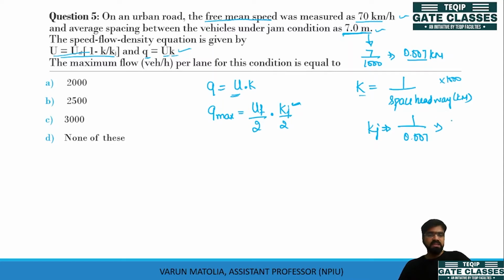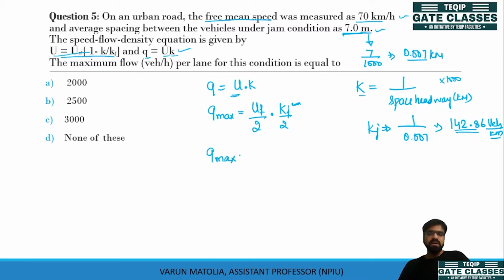We have the value of jam density as 142.86 vehicles per kilometer. If space headway was in meters, we would have written meters in the denominator. But the jam density is here, the velocity is here, we can write it in the equation.